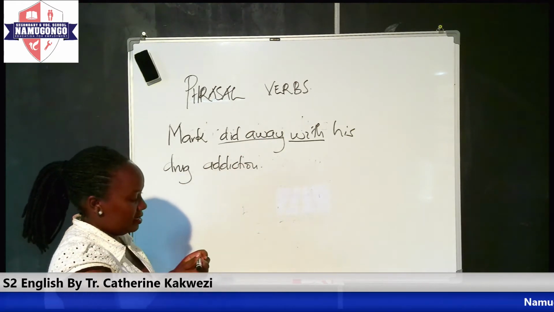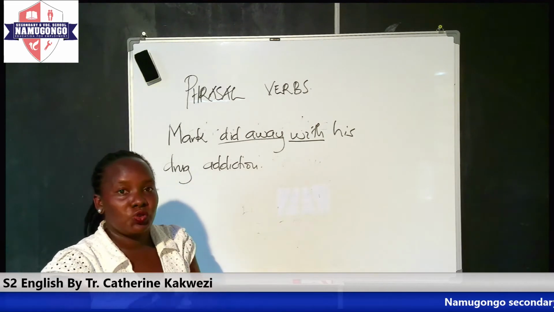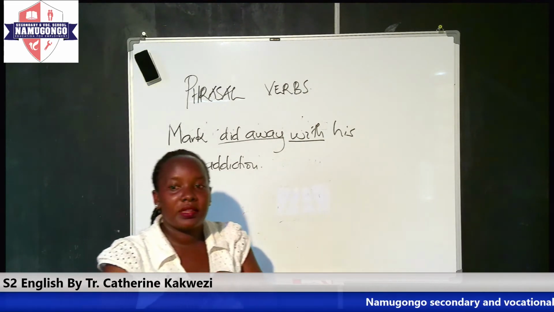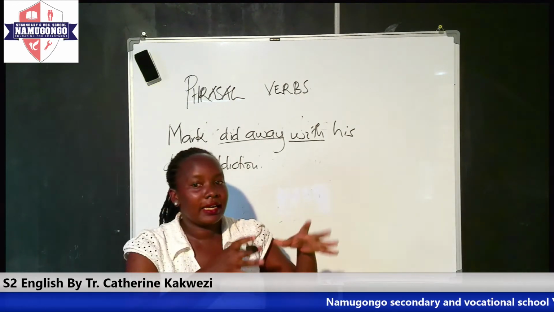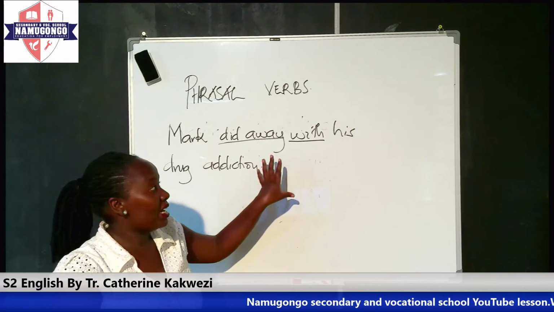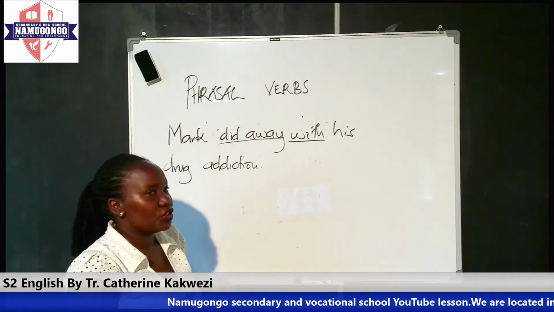So that is one of the ways that you can use the phrasal verb to do away with. So doing away with is to remove or put an end to something, meaning, for example, in this sentence, Mark did away with his drug addiction.